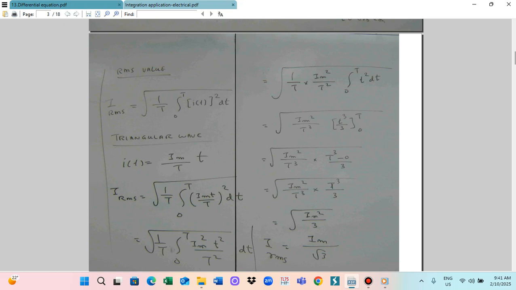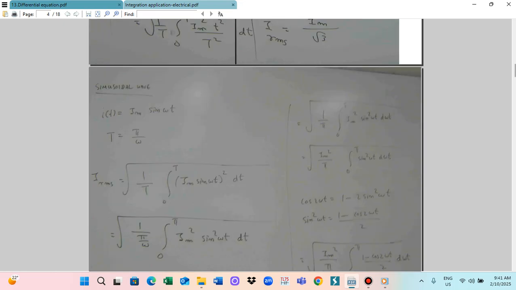Then you find the square root, so this becomes Im divided by root 3. So this becomes the IRMS. The IRMS value for the triangular waveform is the maximum magnitude divided by root 3. By this way you can calculate.